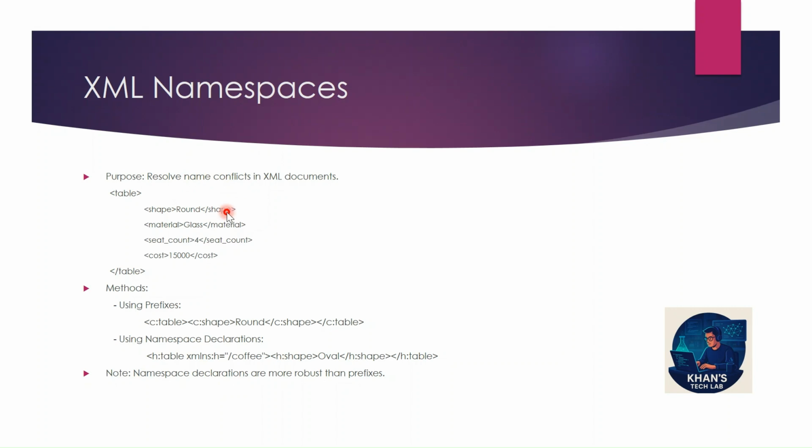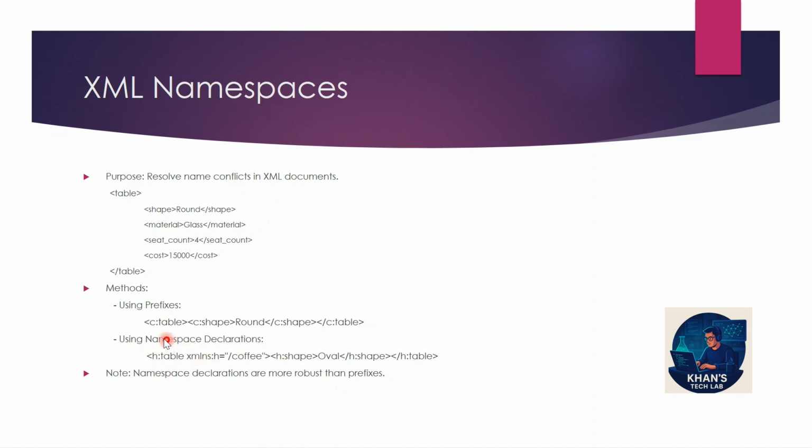Finally, we have some more elements called namespaces. Namespaces are used when, for example, you have two elements having the tag table with totally different values. In that case, there will be a conflict between the elements of the XML. To resolve this, we have to use either of two methods: either prefixes, or namespace declarations.